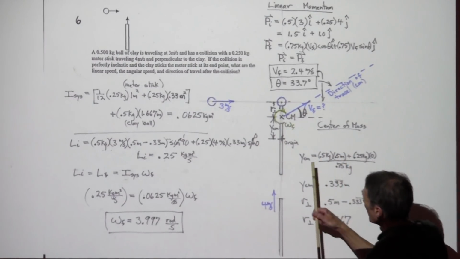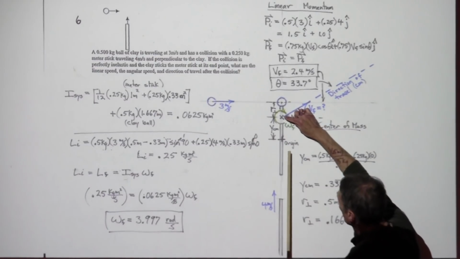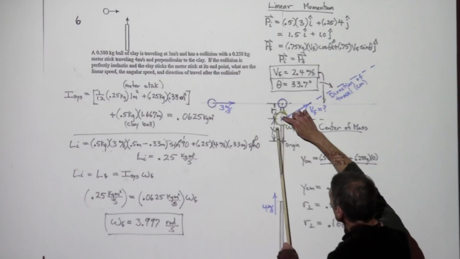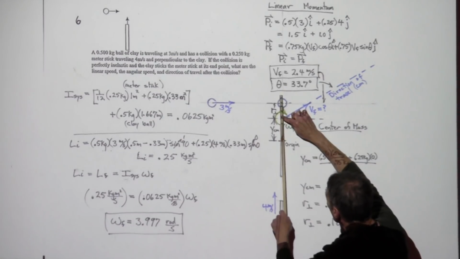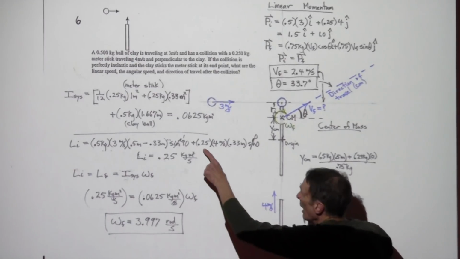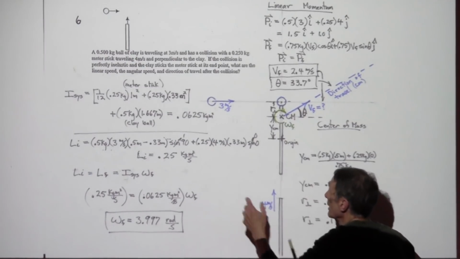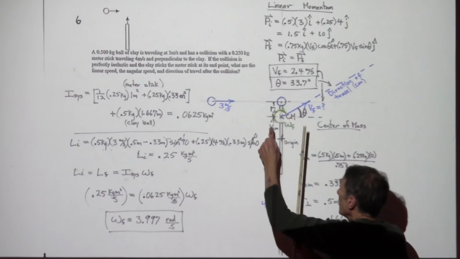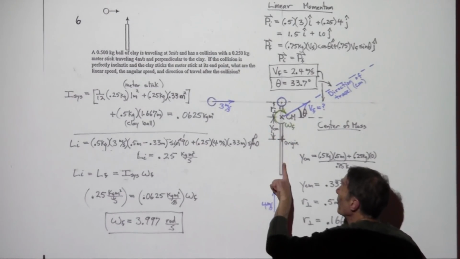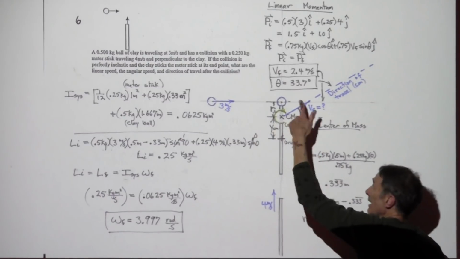There's a little easier way to see this. This, through the center of mass, if this meter stick is passing right through, it has no radius, and that radius is 0. So there's going to be no contribution initially to this meter stick. It's going to come straight up and skewer this clay ball, but it's doing nothing with this motion to set this thing rotating.